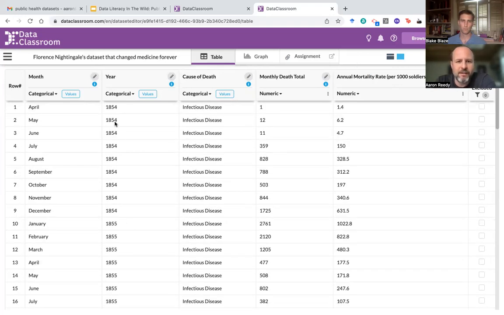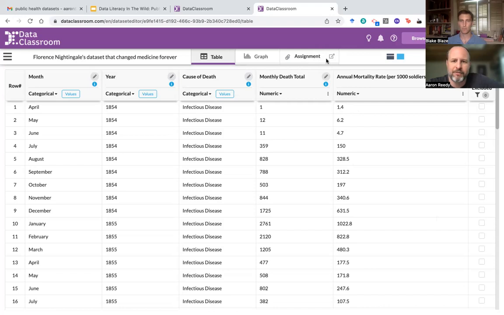We have cause of death, and it's broken out by cause of death and by observation, and we have a monthly death total for that observation. Then we have that transformed into a rate: what that monthly death total would translate into if it were presented as an annual mortality rate per 1,000 soldiers, just to control for the different numbers of soldiers on the battlefield.